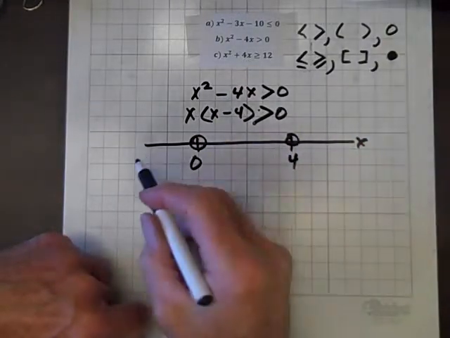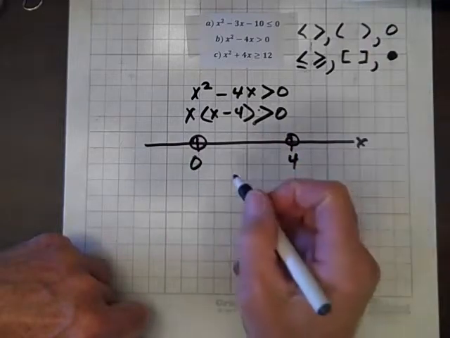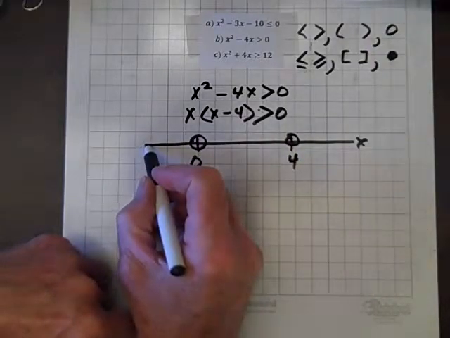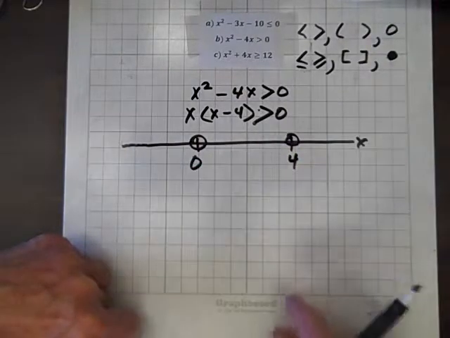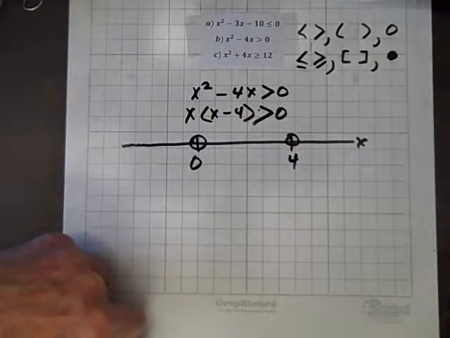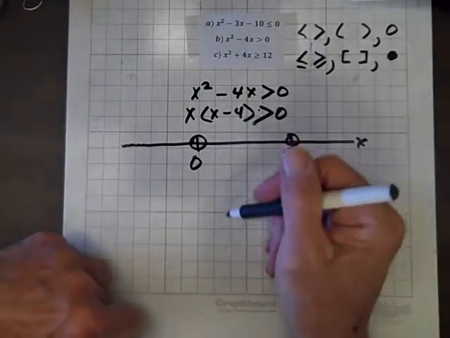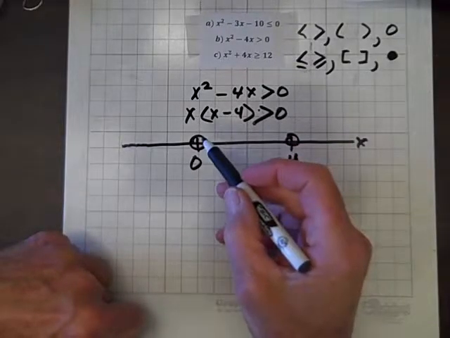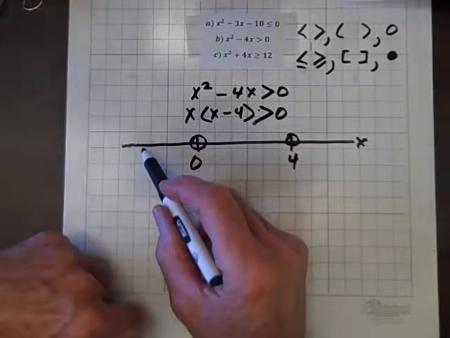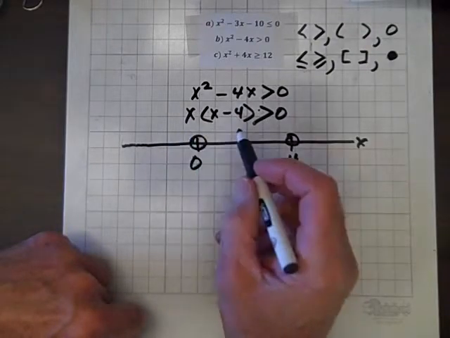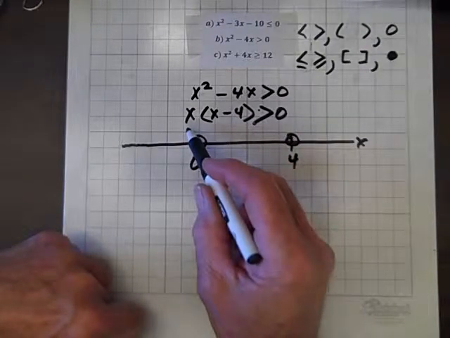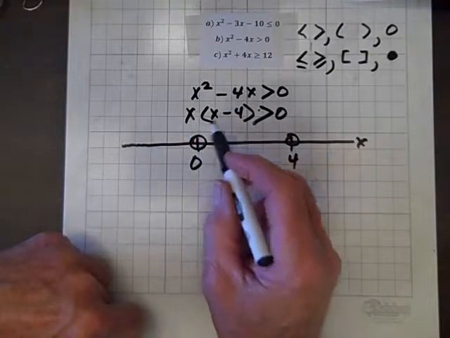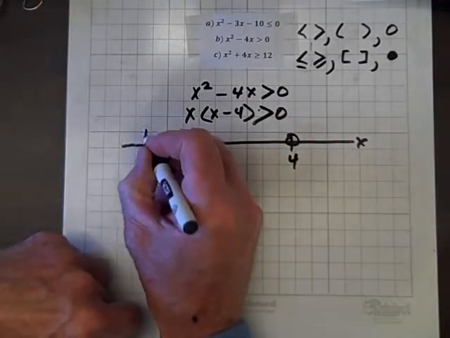Now it's time to shade each interval. As we said, if one point in an interval yields a sign, then every point in that interval will yield the same sign. So let's let x be negative 10, which is in this interval here. Then we'll have the product of a negative times a negative, which is positive.